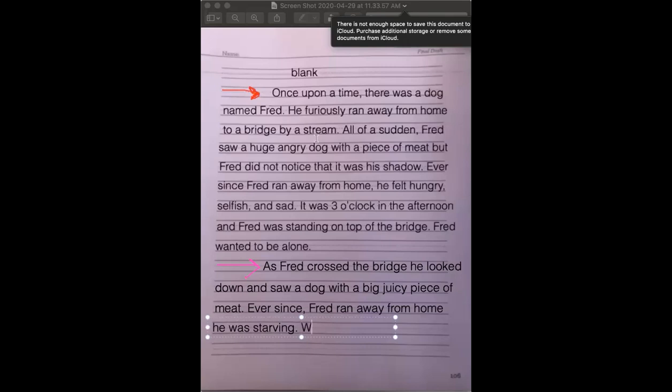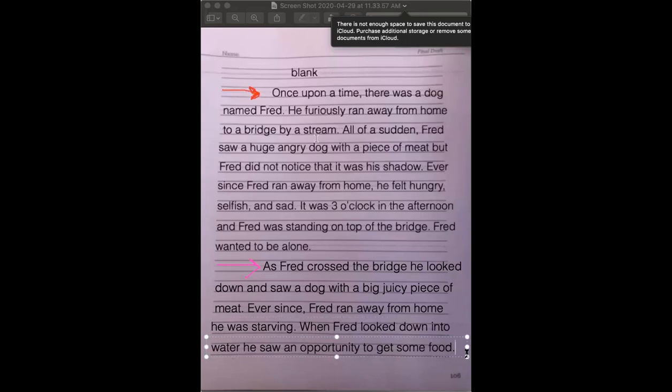So we're going to put, when Fred looked down into the water, he saw an opportunity to get, period.